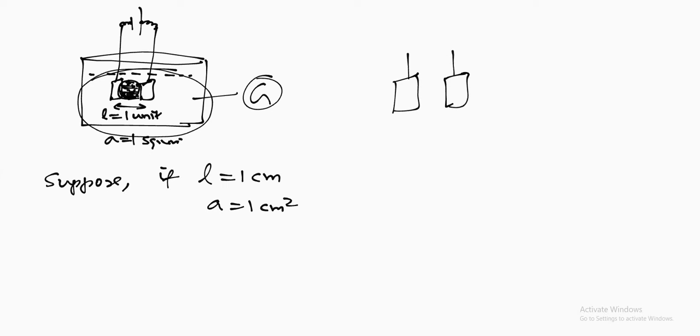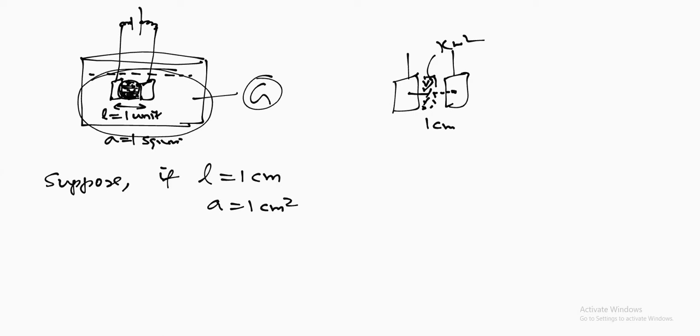I kept the two electrodes parallel to each other. The distance between the two electrodes is 1 centimeter, and the area of cross section between them is 1 centimeter square. Now what I am asking is, what is the volume of the solution present between the two electrodes? 1 centimeter cube. Very good. 1 centimeter cube, correct?